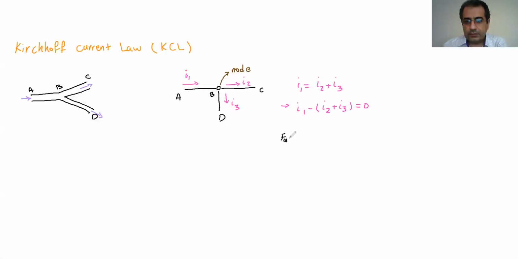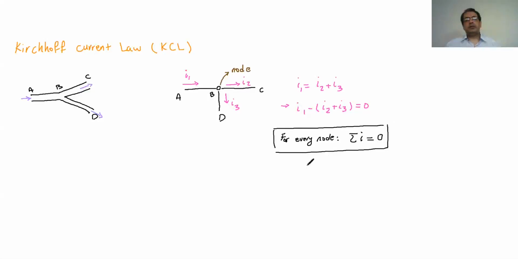For every node, you can say that the sum of I entering or leaving that node is going to be 0. This is what the Kirchhoff current law says.